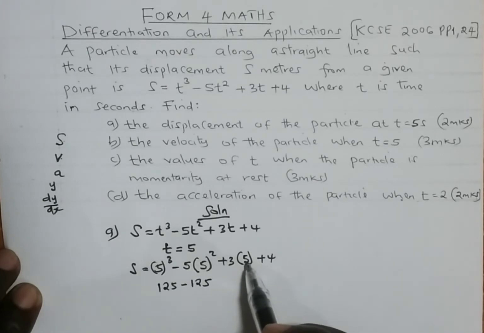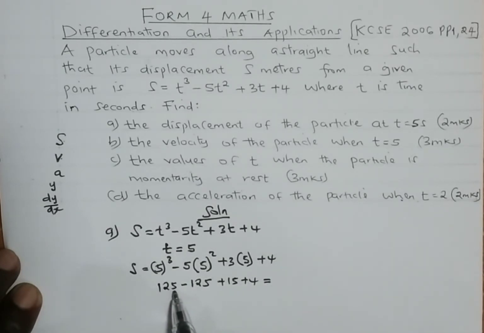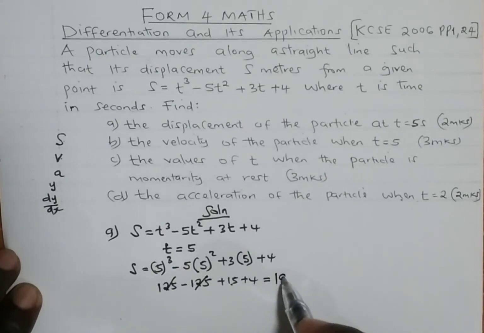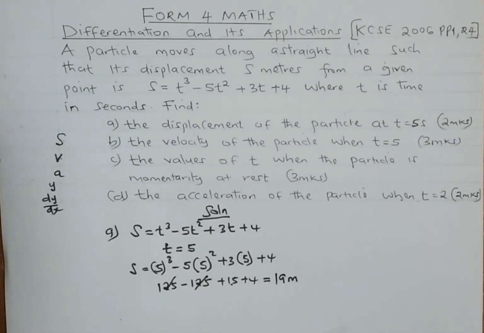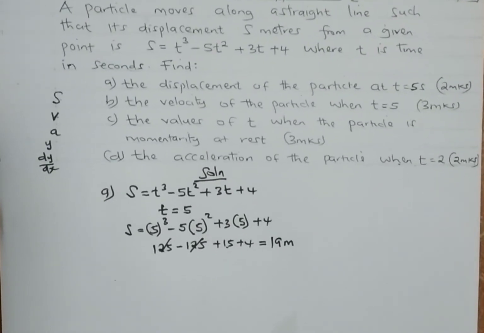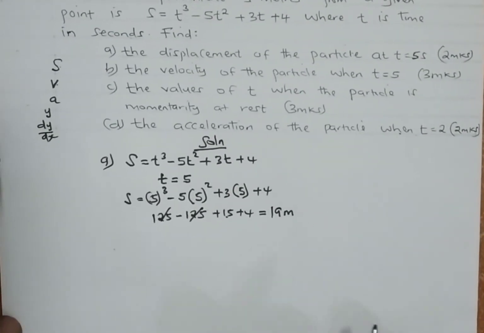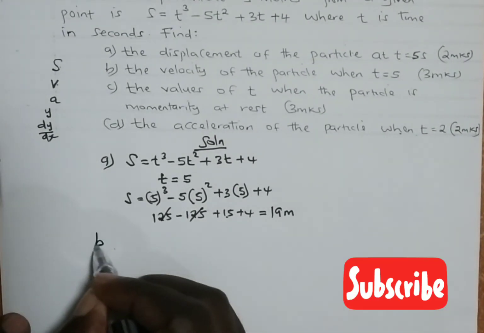We have 5 times 3, which is 15, plus 4. 125 minus 125 gives you 0, so we remain with 15 plus 4, giving us 19 meters. That is part A of the question, already worked out. We move to part B.